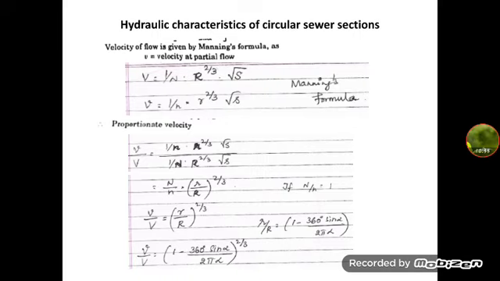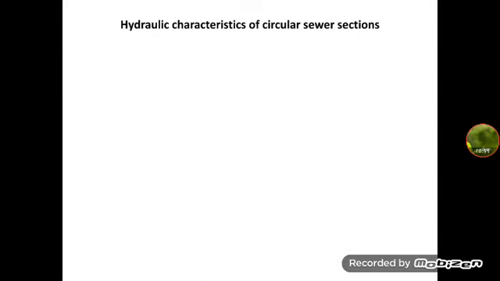So r by R is nothing but the proportionate hydraulic mean depth. That value is 1 minus 360 degree sine alpha by 2 pi alpha. By substituting in this proportionate velocity, we will get small v by capital V is equal to 1 minus 360 sine alpha divided by 2 pi alpha, whole power 2 by 3.